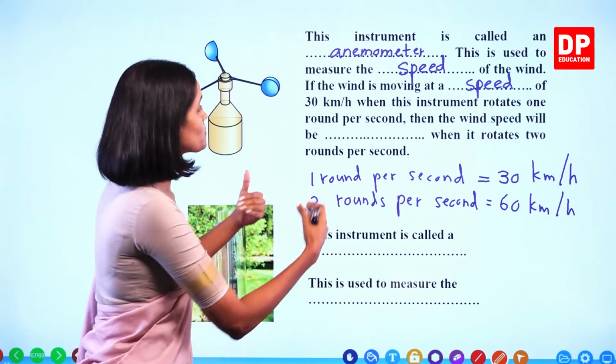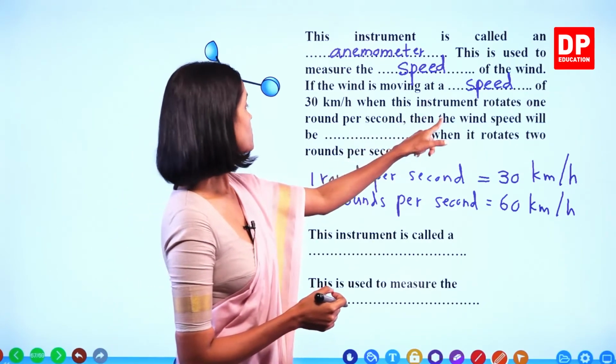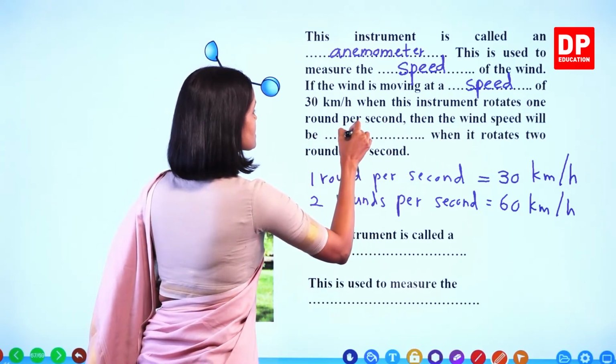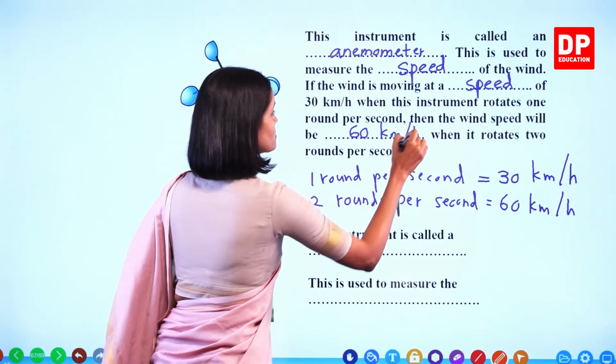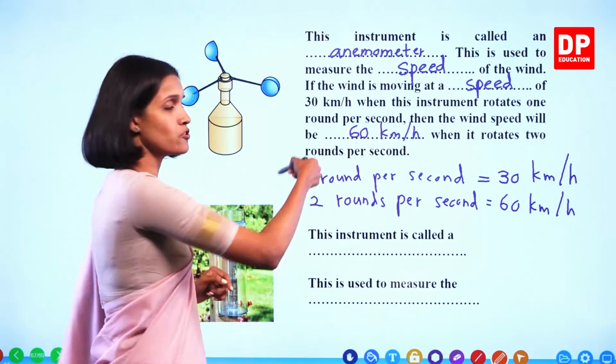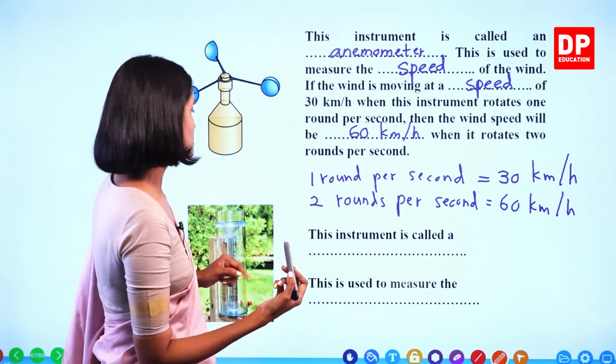Okay, it doubles the speed. Then the wind speed will be 60 kilometers per hour when it rotates 2 rounds per second, right?